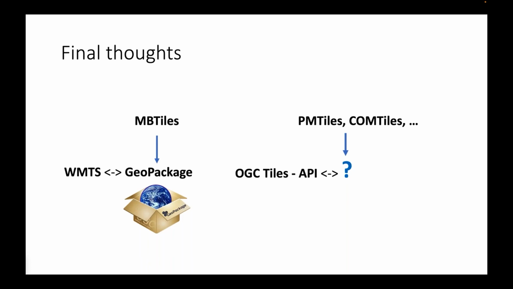There are a lot of cloud-optimized formats out there, and I think the most used is probably PMTiles. And also COMTiles, which I showed you today. Both show that this is working and can reduce the cost of hosting tiles in the cloud. Because of this, I hope there will be some future work, or a working group working on this, for having a standard in the future.